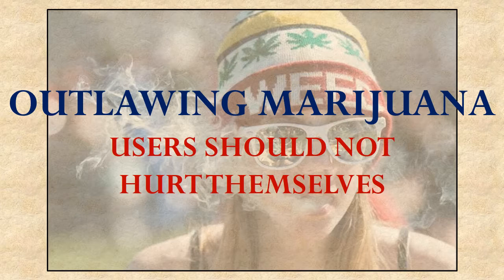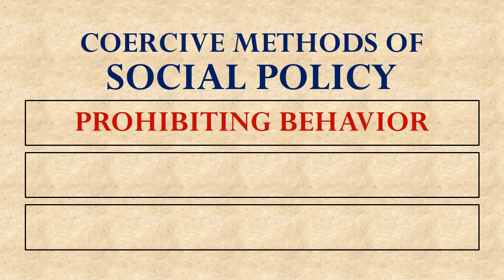In some way, they find this practice to be harmful, and so they're going to simply stop people from doing it by saying, no, no, no, you're not allowed to do that thing. So this is one of the methods that the government can use to try to coerce people into behaving in what they consider to be a socially responsible way.